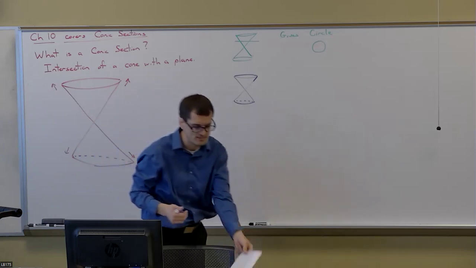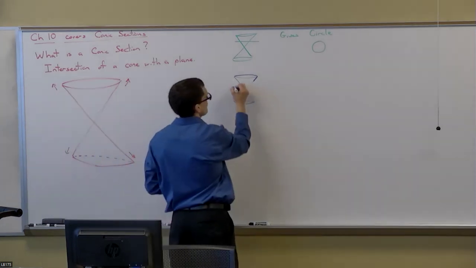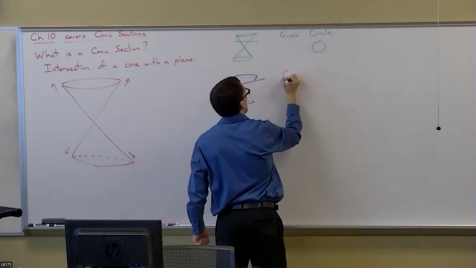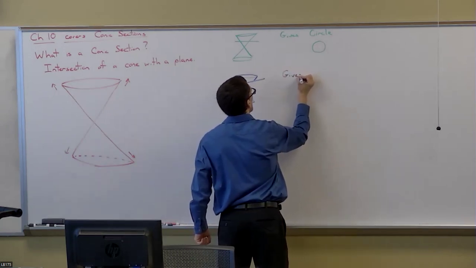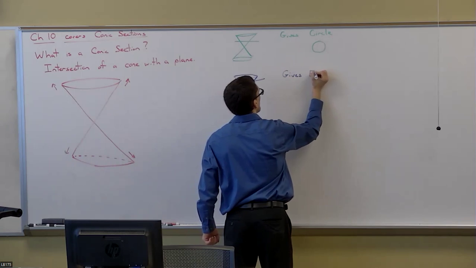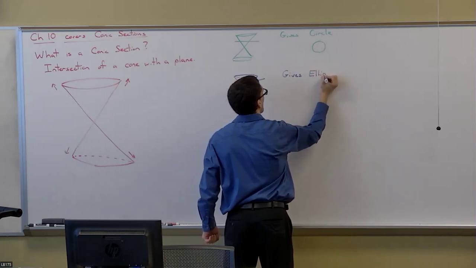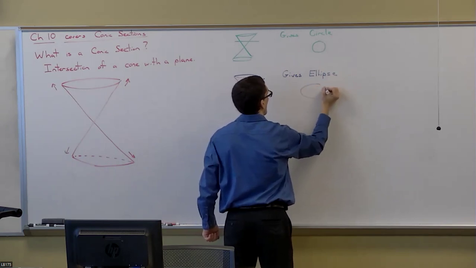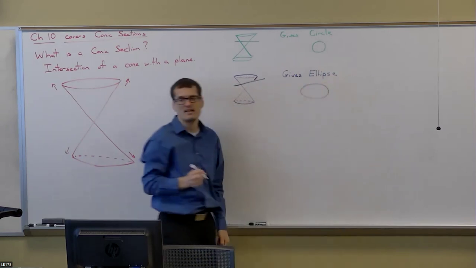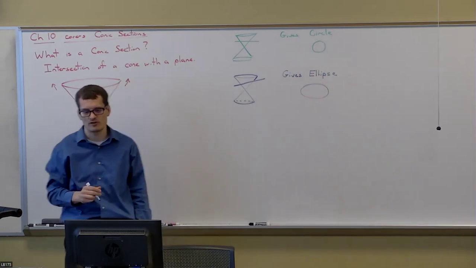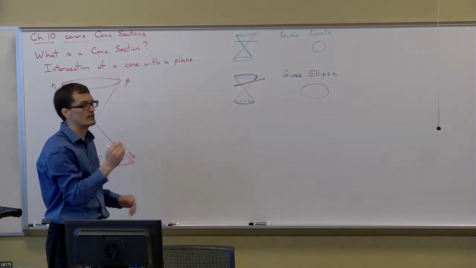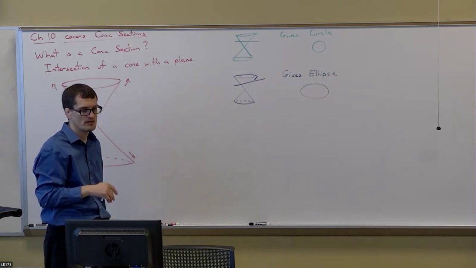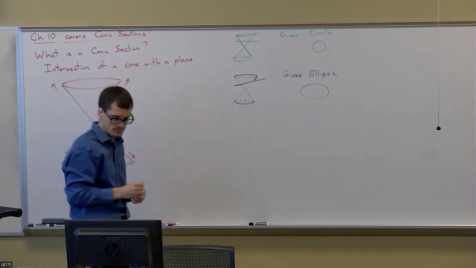So if the slice goes through like that, that gives an ellipse. And this one I've stretched out more horizontally than vertically, but you could also stretch out more vertically than horizontally, depending on how your plane looks.